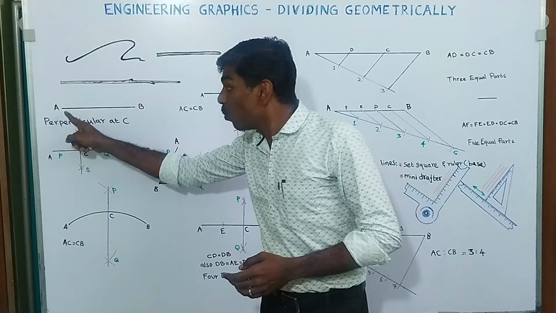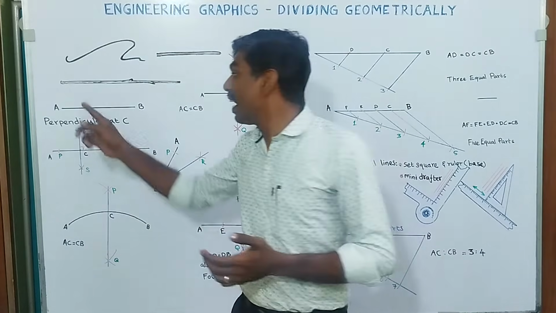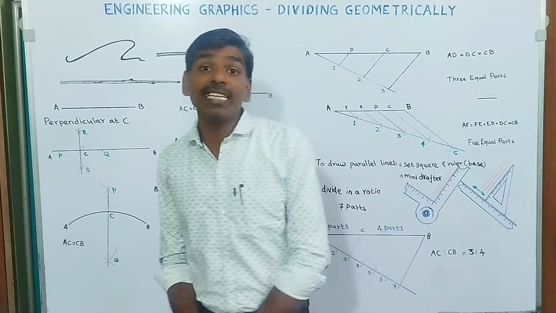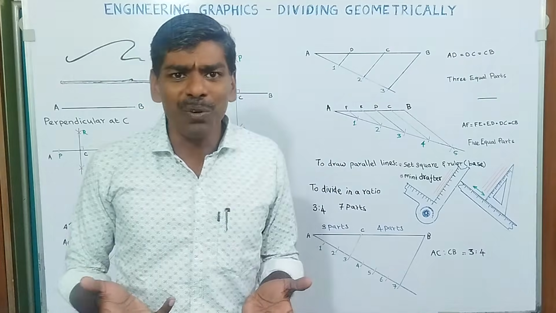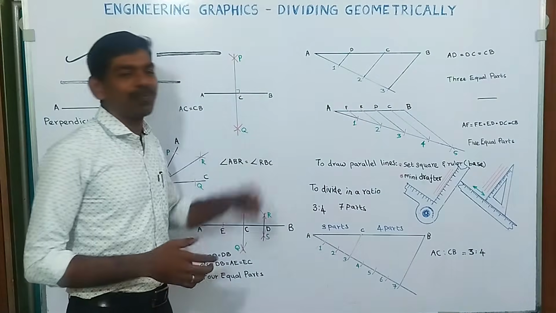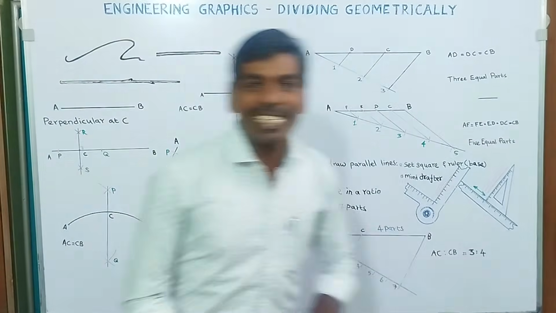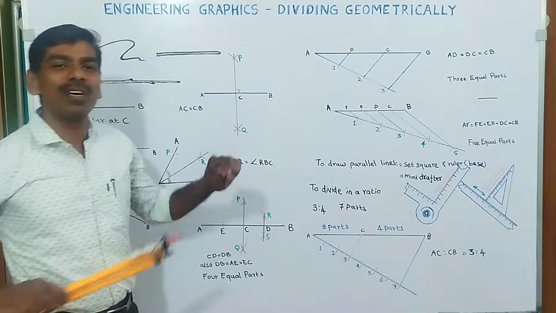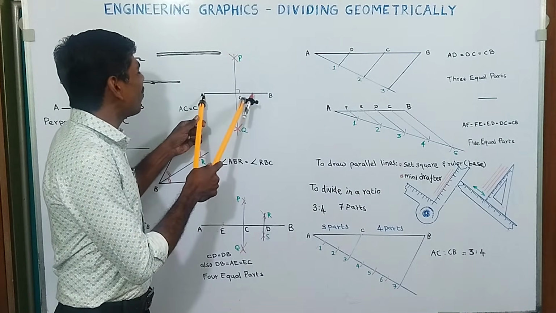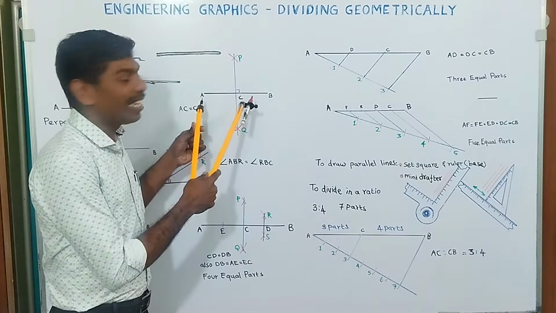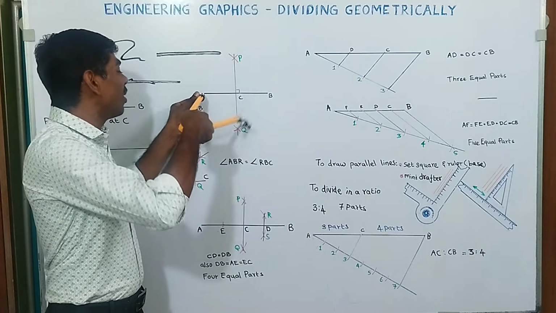Now, if we want to divide something in drawing, for example a line AB, into two equal parts, or bisect it, what do we do? We have studied and even done this earlier. With the help of a compass, we can do this easily. Taking more than half the length of line AB with A as center, make an arc above and below.